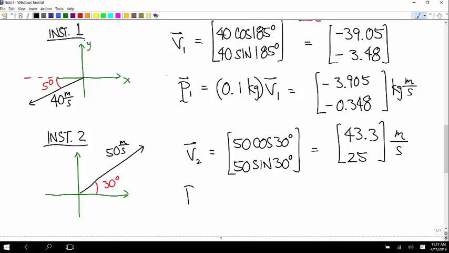And then the momentum at instant 2 is the mass, 0.1, times the velocity at 2. And so you get 4.33, 2.5.